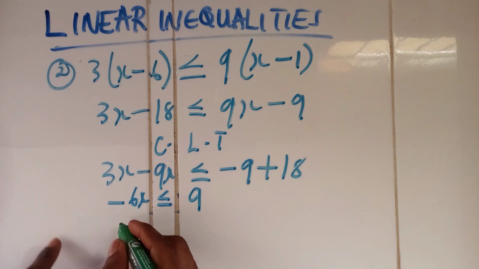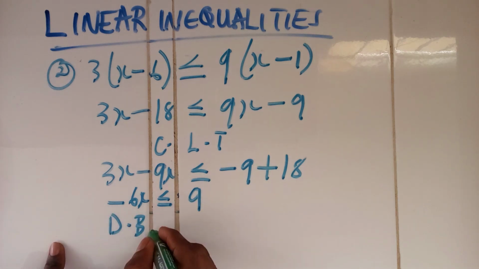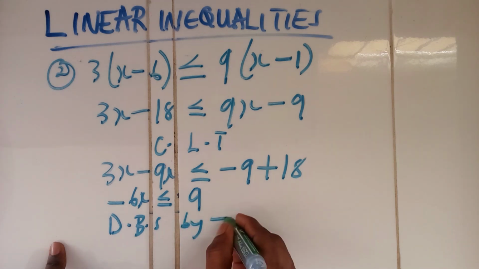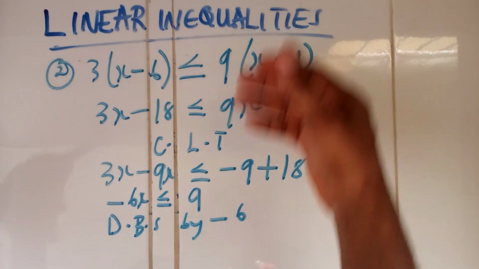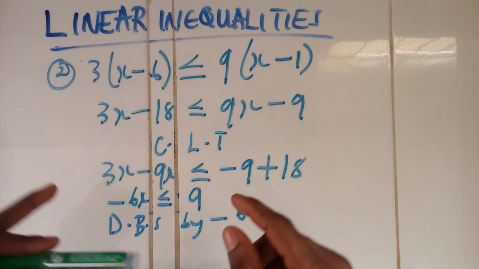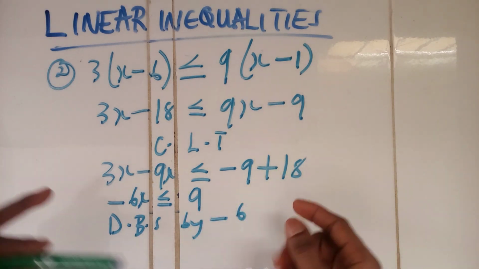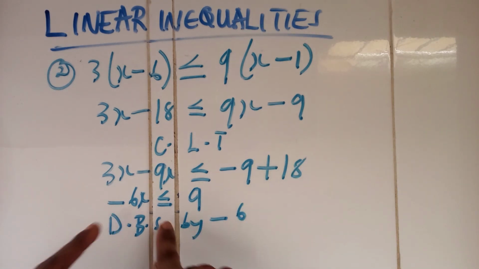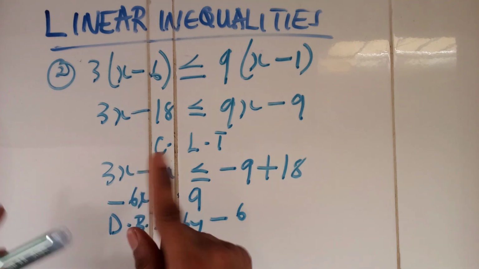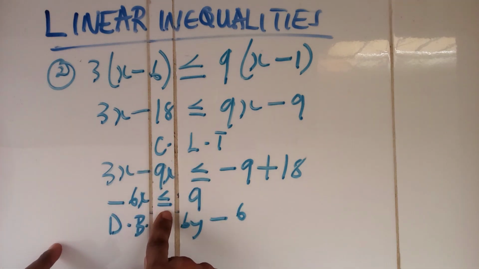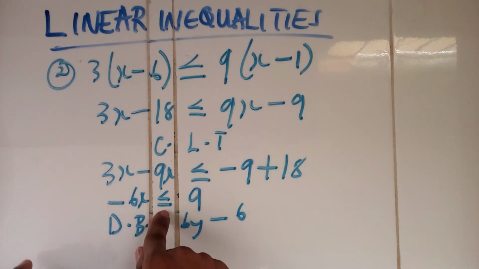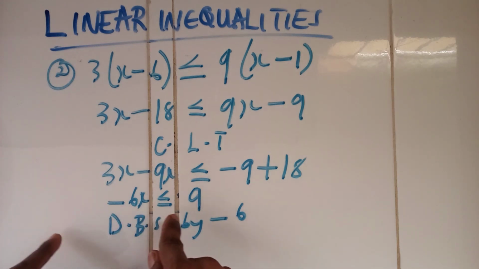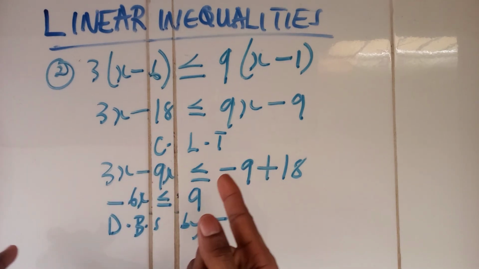So I want to divide both sides by negative 6. And one rule under inequality is that whenever you are dividing both sides or multiplying both sides by a negative coefficient, the inequality sign will change position. As it is less than or equal to here, and you want to divide both sides by negative 6, this inequality sign will change from less than or equal to, to greater than or equal to.